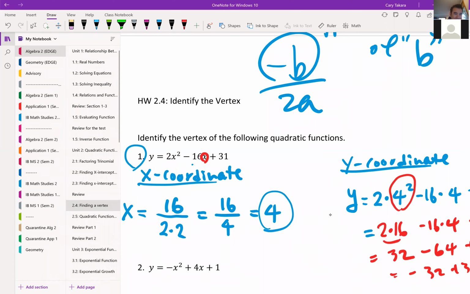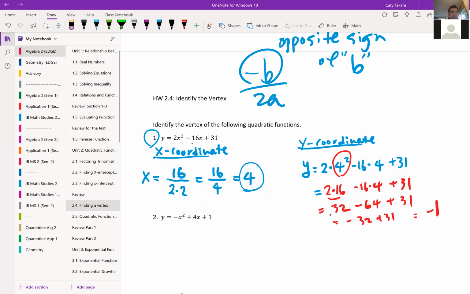Since the equation has x squared, if you plug 4 into the x, you have a 4 squared. Does that make sense? Are you able to identify your mistake, guys, if you're not getting negative 1?